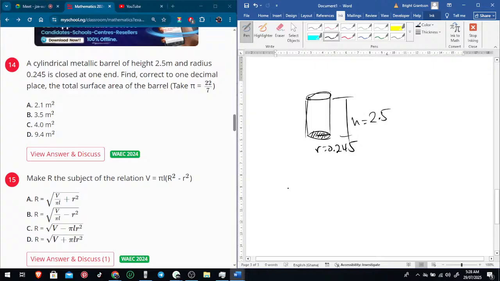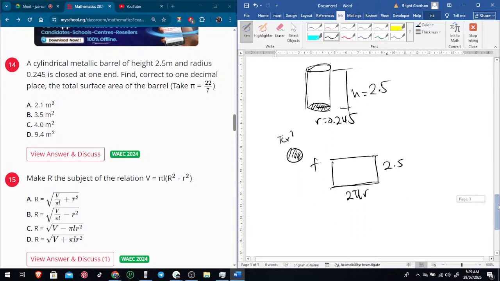So it's going to be the closed end plus the curved surface area. Are we okay? So what's the area of the circle? Pi r squared, plus the curved part, which is 2 pi r times the height 2.5. So it's the area of the circle plus the curved area.